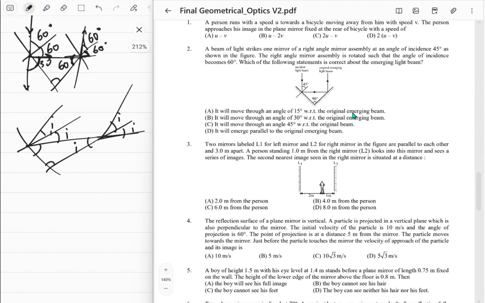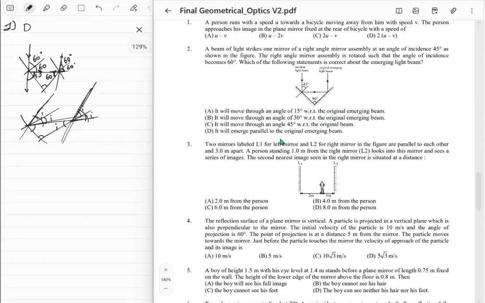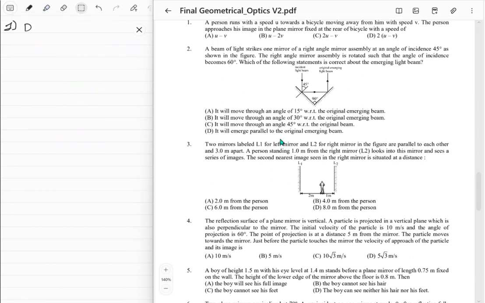So first, this guy got deviated by... oh, okay, I don't even need to do that. You can clearly see that these two are parallel because this transversal gives the same angles over here, right? So these rays will be parallel. That's awesome. That means, yes, it will emerge parallel to the original emerging ray. So, second, D.